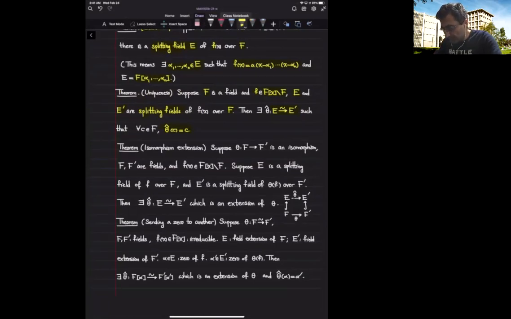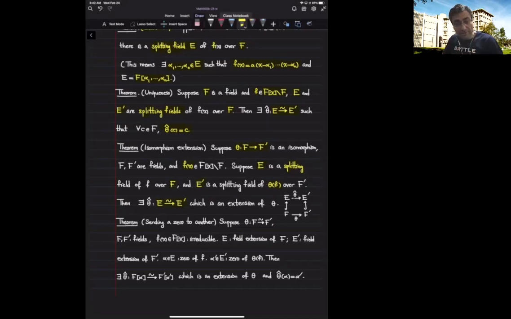It says that if I give you two copies of the same field through the isomorphism theta, and I give you a polynomial inside the first field, I tell you E is a splitting field of this polynomial over the base field capital F, and E prime is a splitting field of the copy of f in the other field, theta of f, then I can find some isomorphism between these splitting fields that's an extension of the isomorphism between F and F prime.